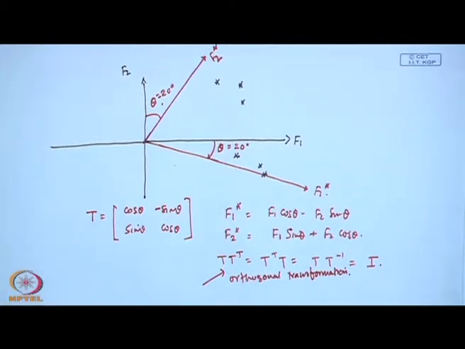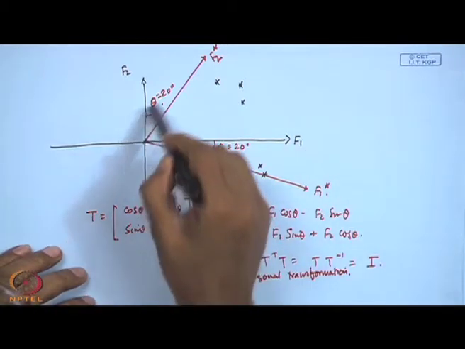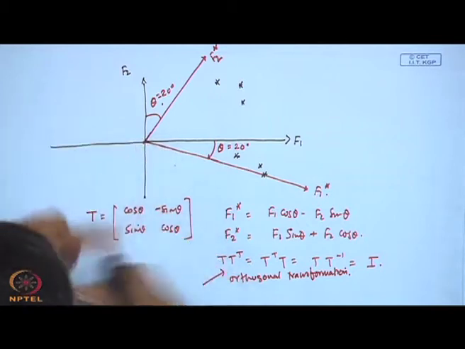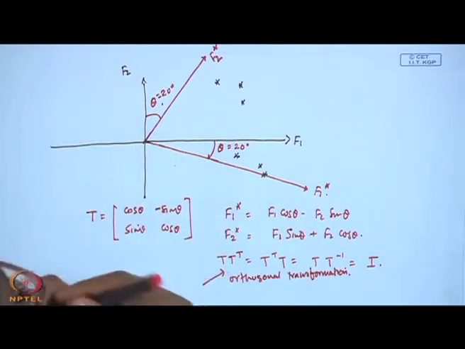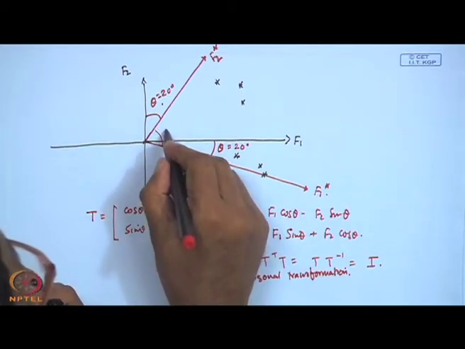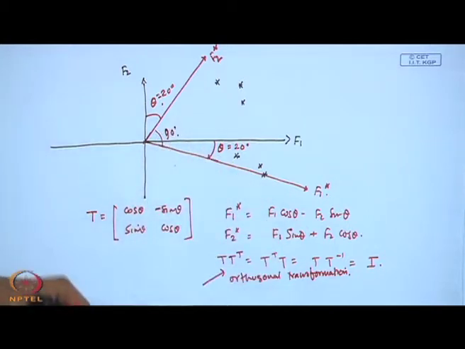We have done this because rigid rotation keeps the 90 degrees intact. Orthogonal transformation. Using this transformation, you got this.